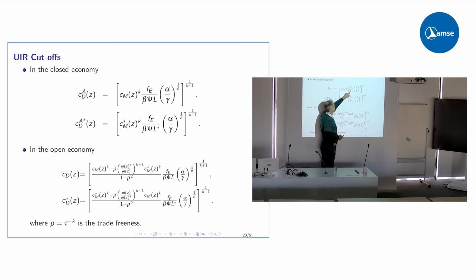Then you have other parameters of interest. The larger is FE, the sunk cost of entry. If you have high barriers to entry, then this is not going to be a very competitive industry, which is intuitive too. And then also what you have here is an index of product differentiation. We said that gamma divided by alpha is an index of product differentiation. Alpha divided by gamma is the opposite, and this is going to affect competition here too.